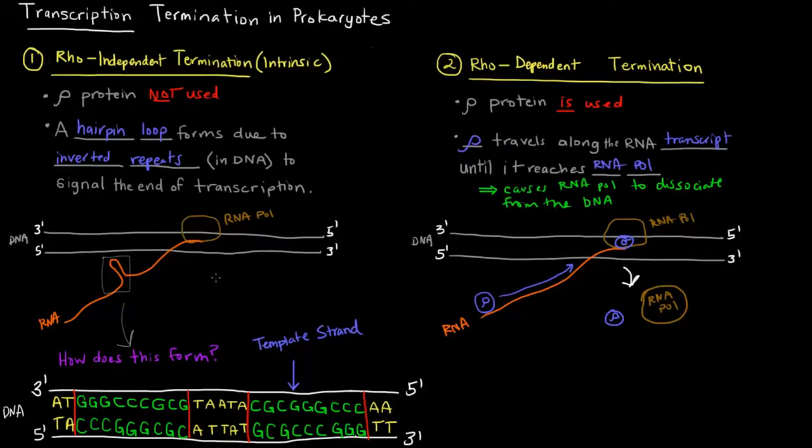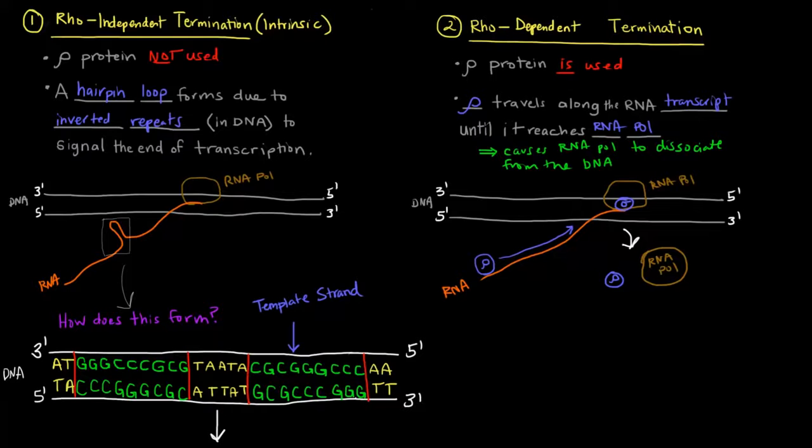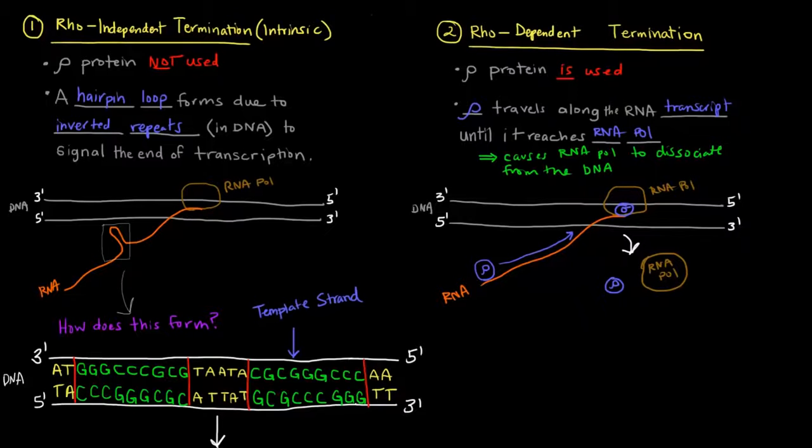So that is how rho-dependent termination works. That's pretty much it. Now let's talk a little bit more about rho-independent termination, how this hairpin loop forms. We said that it forms due to these things called inverted repeats in DNA. So here are details on the inverted repeats. So if this DNA strand is running 5' to 3' this way, and 5' to 3' this way for the bottom strand, let's imagine this top strand being the template strand.